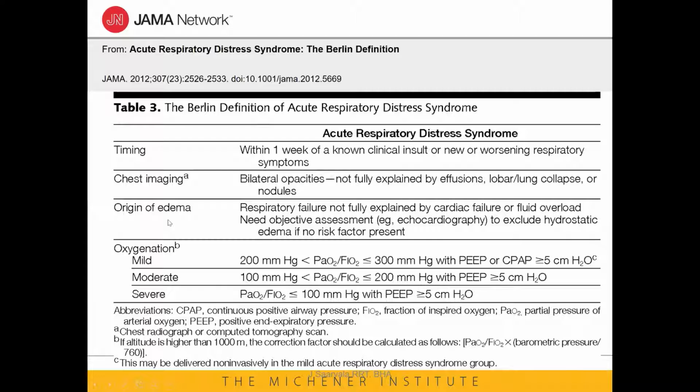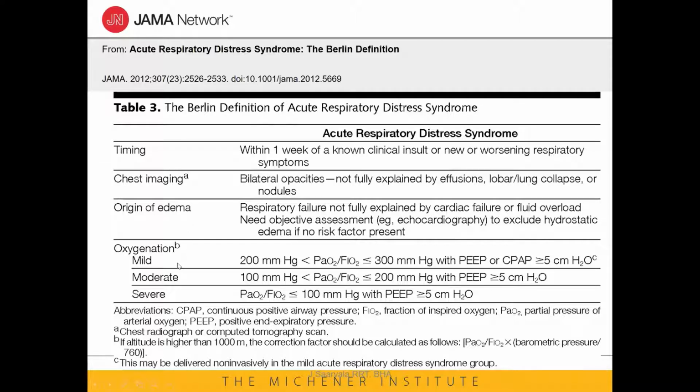The patient begins to experience edema, and they have respiratory failure, which isn't fully explained from a cardiac standpoint or from fluid overload. So in order to get an objective assessment, they need to perform an echocardiograph to exclude hydrostatic edema. And so if that is excluded, this is sort of our ARDS picture.